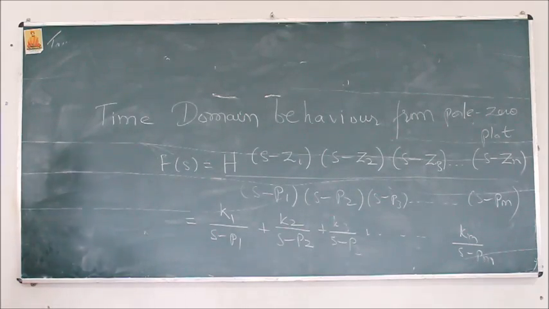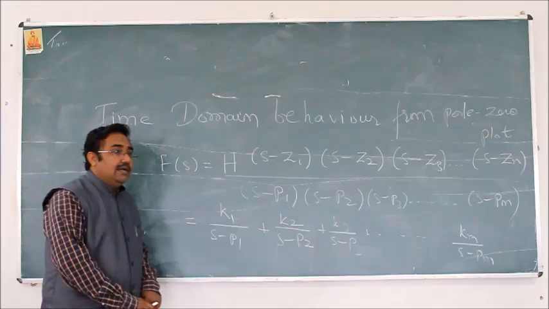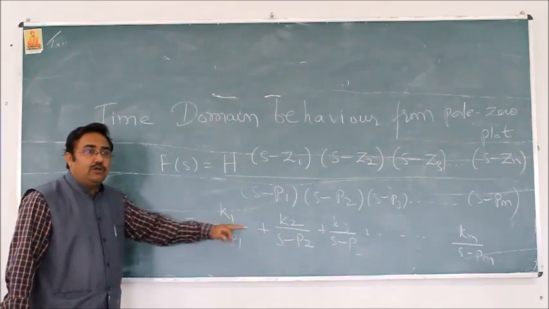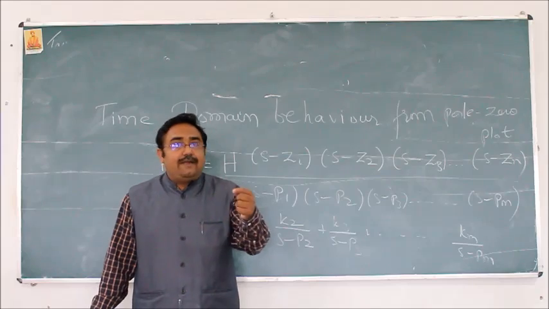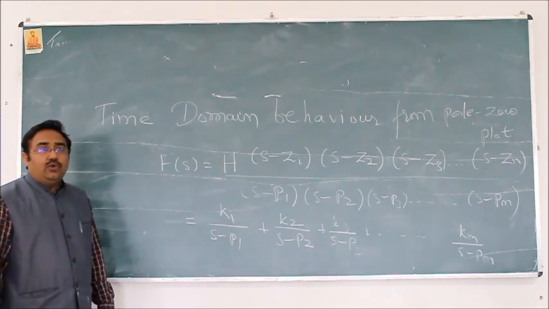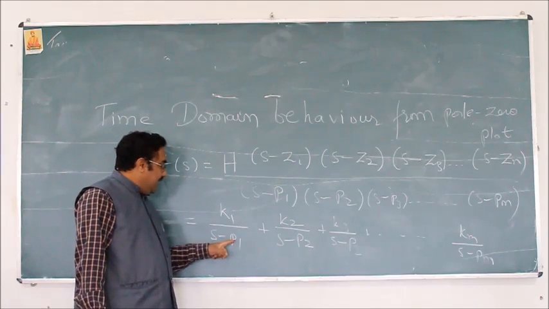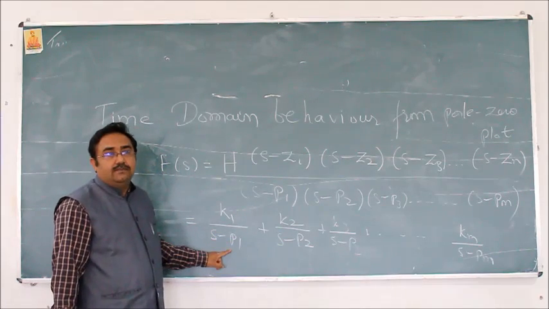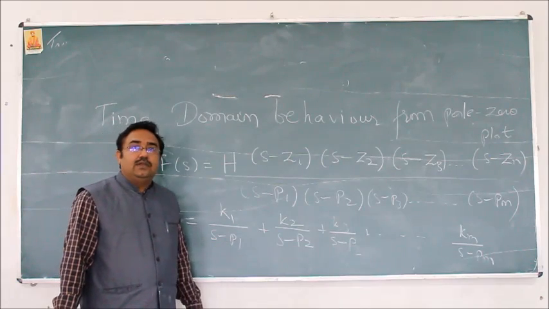Yes. So what conclusion are you drawing from this last expression? Now you take the inverse of it to find out the time domain behavior. So when you take the inverse of it, what do you find? Each quantity is being described by the so-called pole. What will be the response of this?